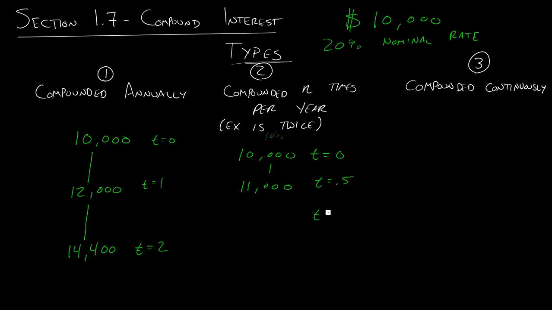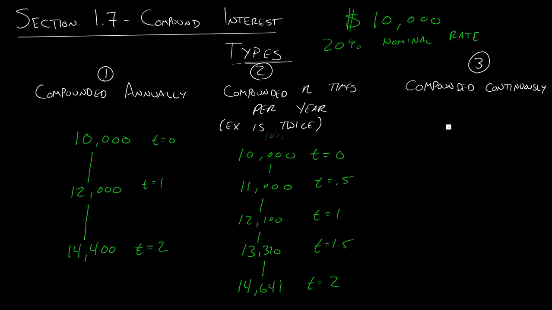They'll do the same thing the next half-year interval, giving me a total of 12,100, and they will continue doing that. So they'll give me 10% of 12,100 to give me 13,310, and then once more they'll give me 10% of what I had before, and I will have a total of $14,641. A little bit more than I had before, and that's because I'm getting interest on interest.